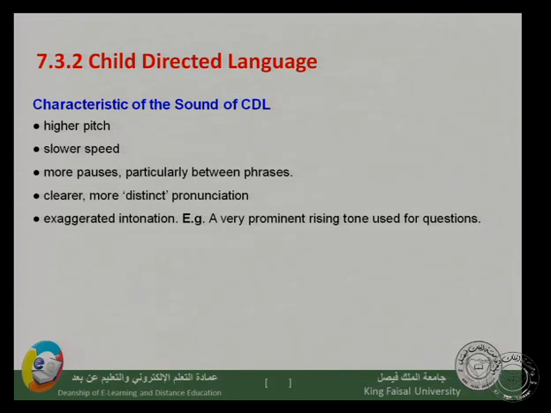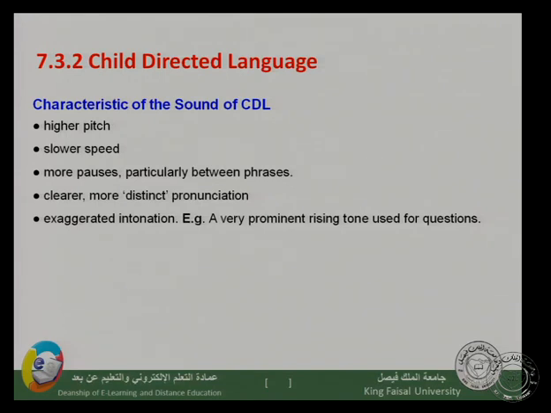We stop between one sentence and another, so that the child can understand that this is the end of this sentence, this is the end of this idea, so that he can process this sentence or that sentence, and takes enough time to process whatever we say to him. Next characteristic of this sound is that the pronunciation of the vocabulary will be clear, will be more distinct.